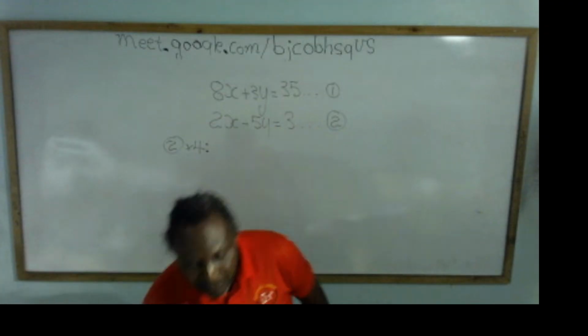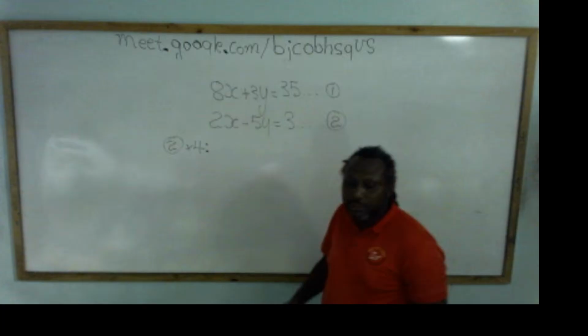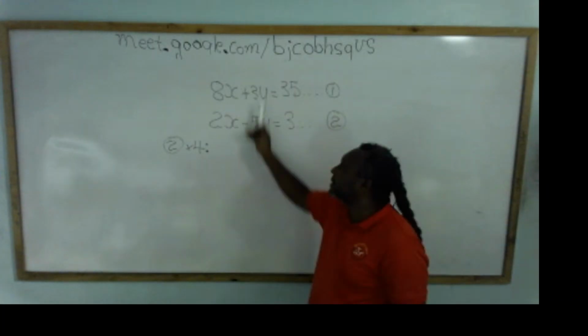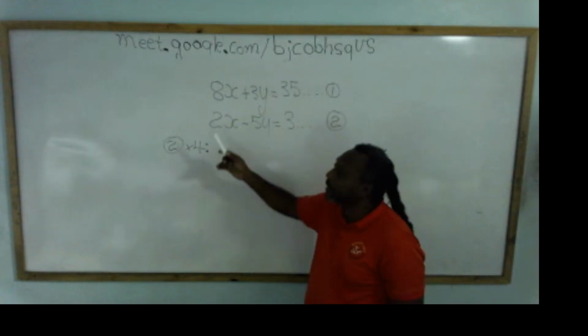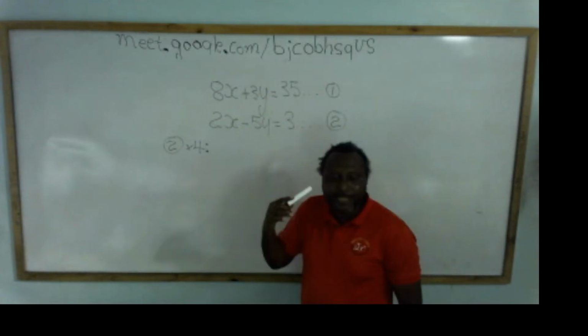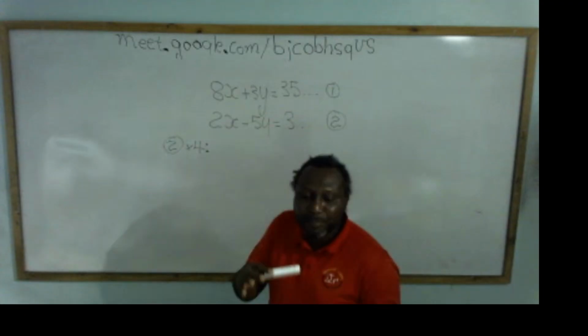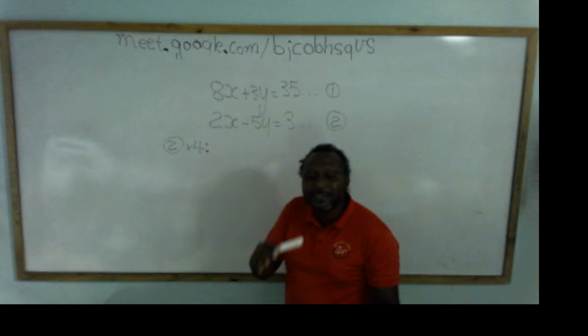Notice that we do not have a coefficient of 4 anywhere in this. There is no coefficient of 4. However, we can choose our approach by just using our common sense.